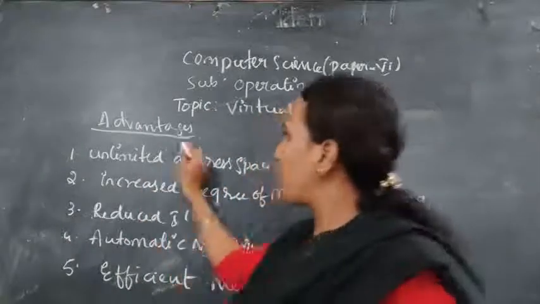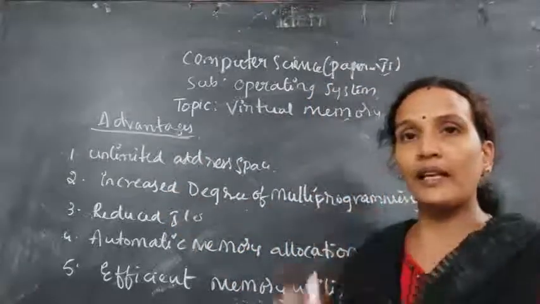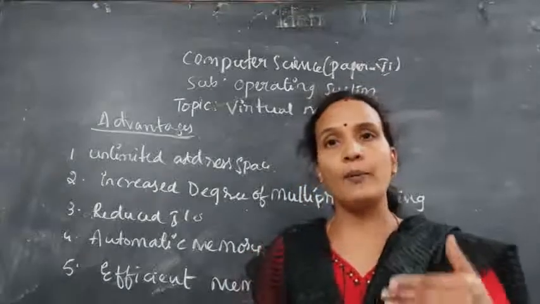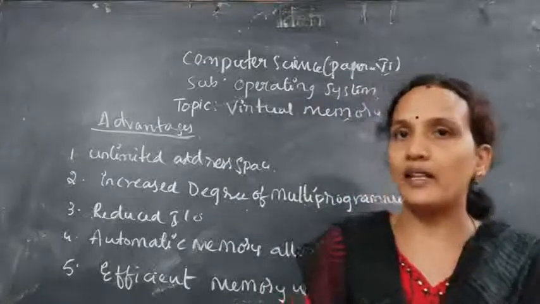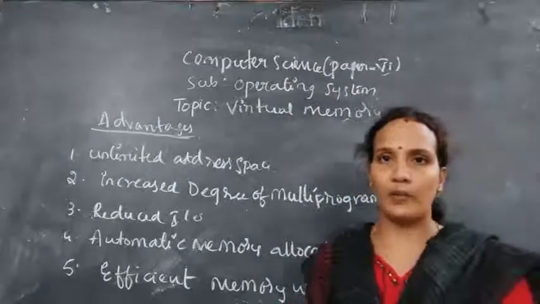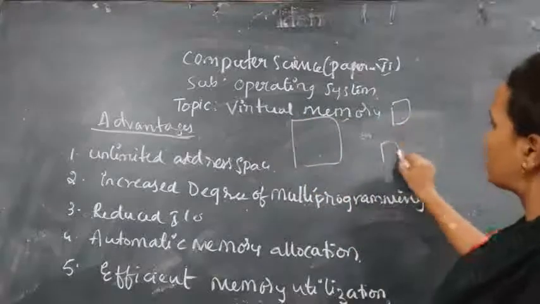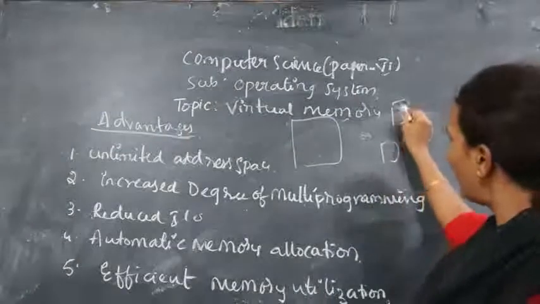Okay. The next one is increased degree of multiprogramming. Increased degree of multiprogramming means how many programs, how many pages, are executed at a time; that is nothing but the degree of multiprogramming. For example, this is your CPU. We have 3 processes.